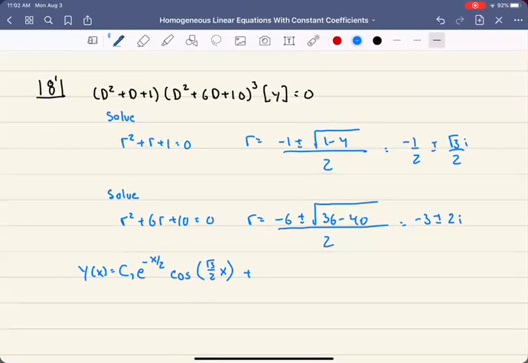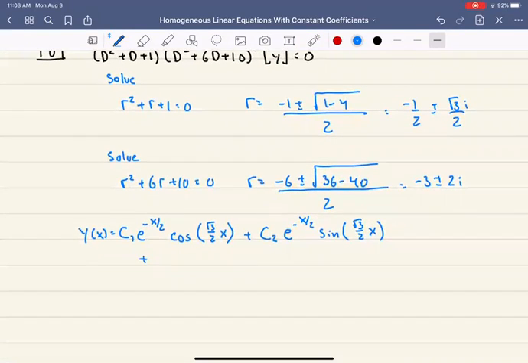Plus c2 e to the negative x over 2 sine square root of 3 over 2 x. Okay, now those are the terms from this. Okay, now let's do the terms from this one.